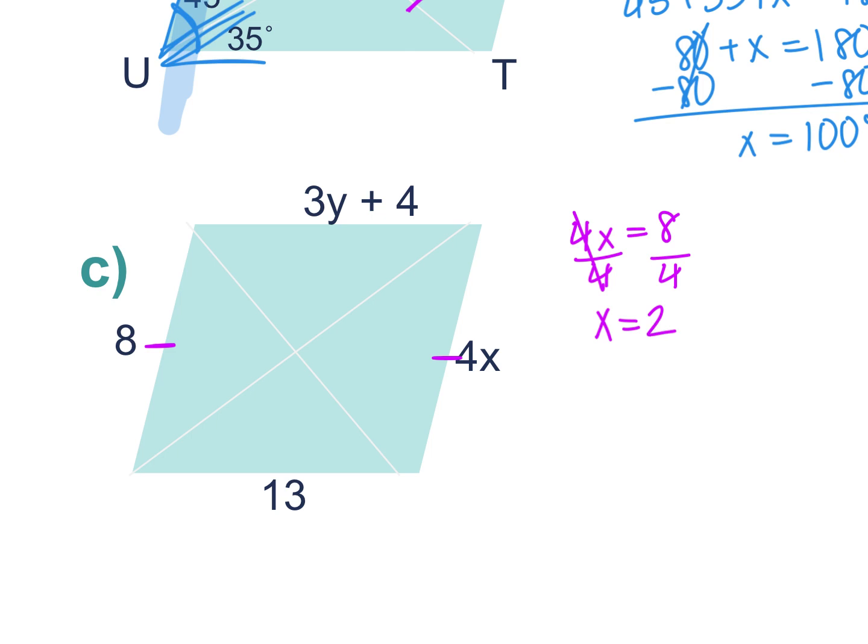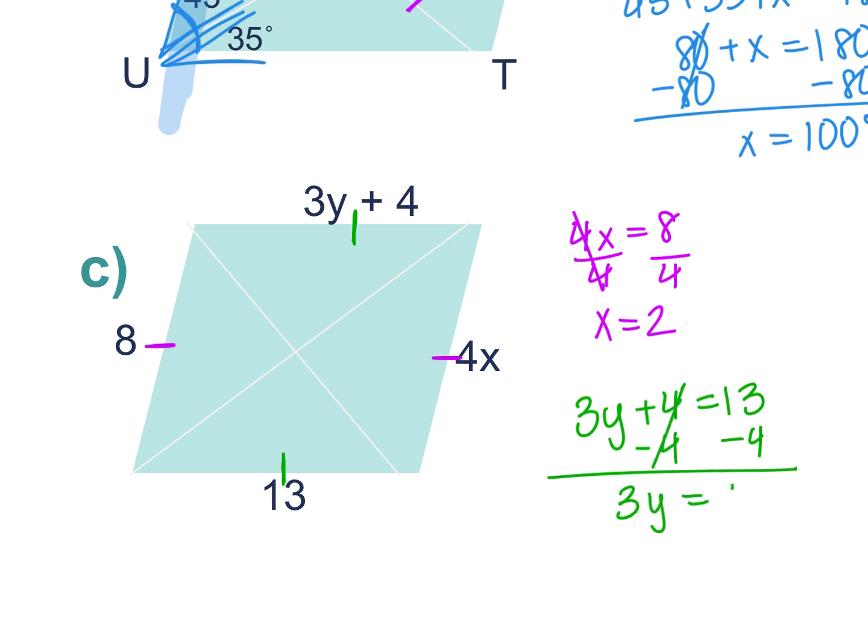Now what about my other side? Perfect. They're going to be equal. 3y plus 4 equals 13. Subtract 4 from both sides, just solving it like an algebra equation. 3y equals 9. Divide by 3. Y equals 3.